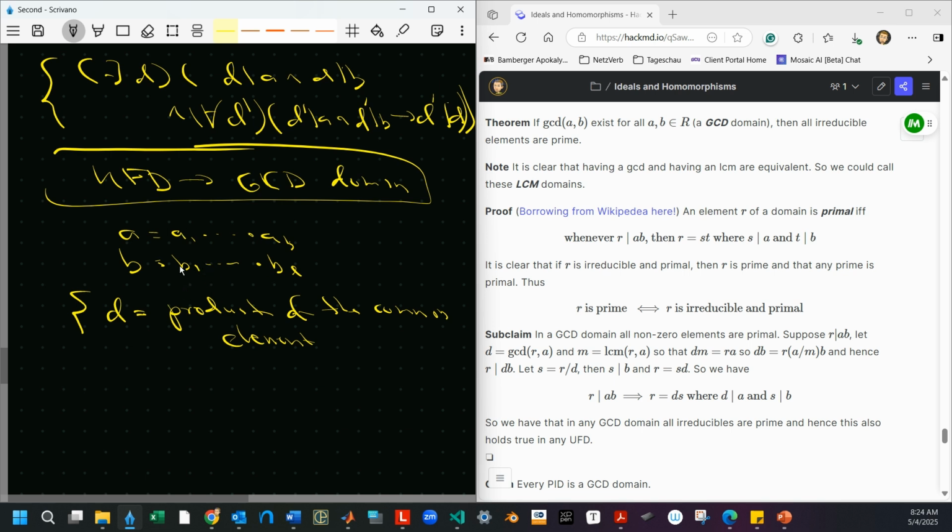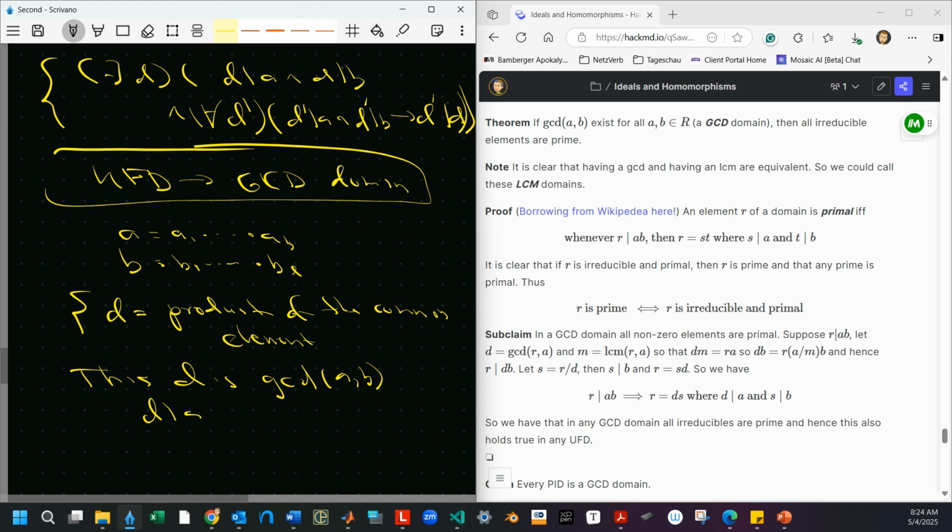I mean up to unit, we're always saying this up to unit, because we don't care about multiplying by something where we have an inverse. Again, in Z, that's like multiplying by plus or minus 1. That's irrelevant for division. And then the claim is that this D is a GCD of A and B.